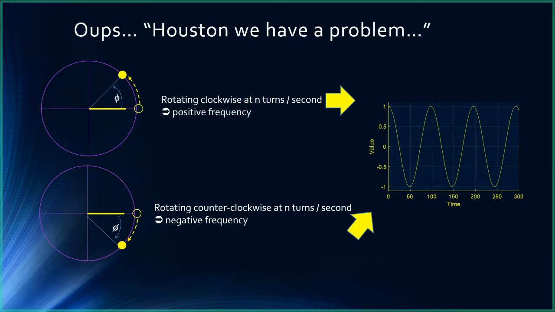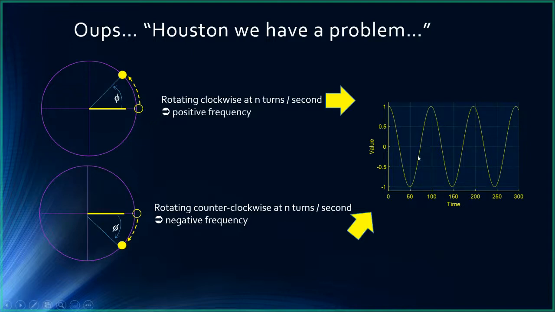If you assume that on the first plot we're going 1 turn per second, 1 hertz, in one certain sense, the other one is a negative frequency, let's say, if we assume that clockwise is positive and counterclockwise is negative. Basically, I'm saying that the positive or negative frequency lead to exactly the same plots.